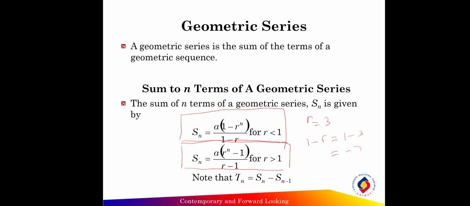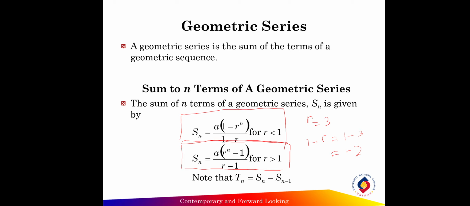The denominator is negative, right? So you have to choose the correct formula when you calculate the sum of n terms in a geometric sequence, depending on the common ratio.